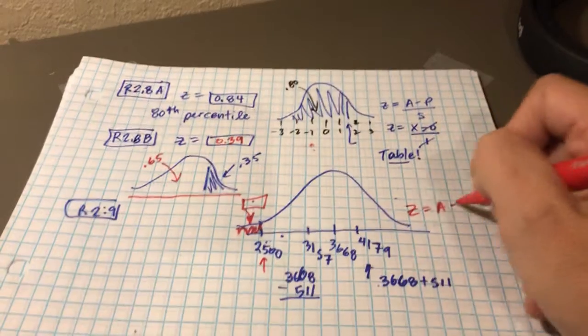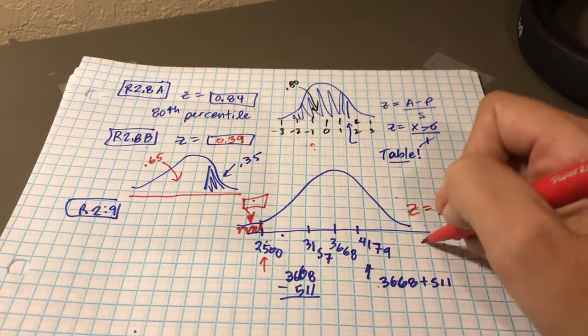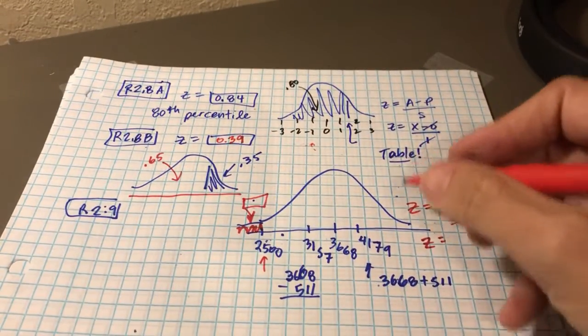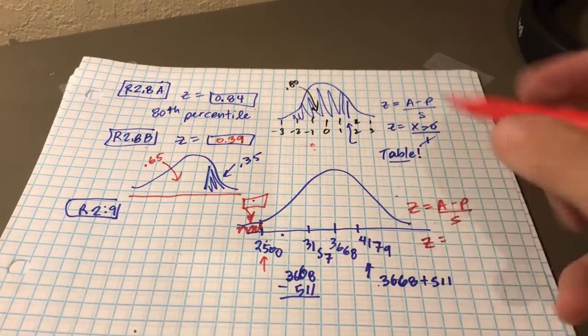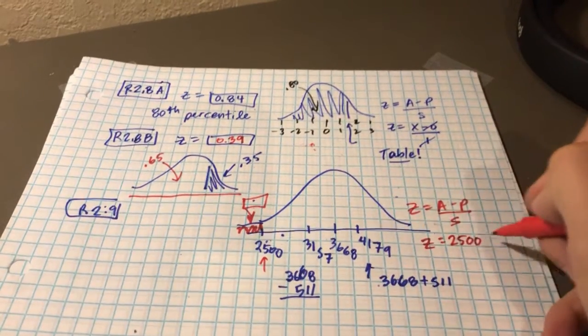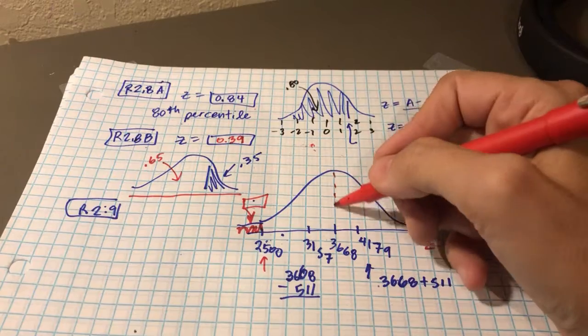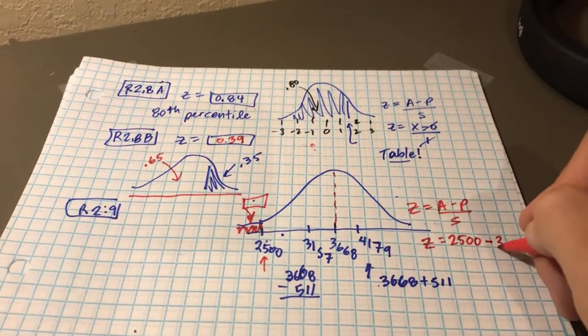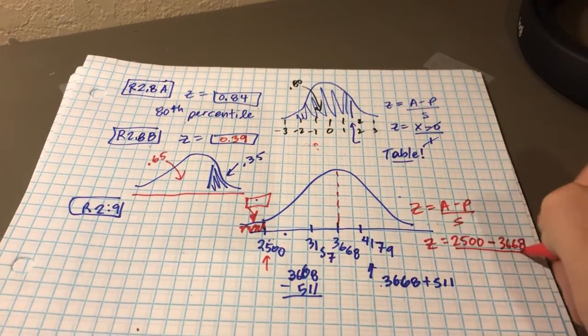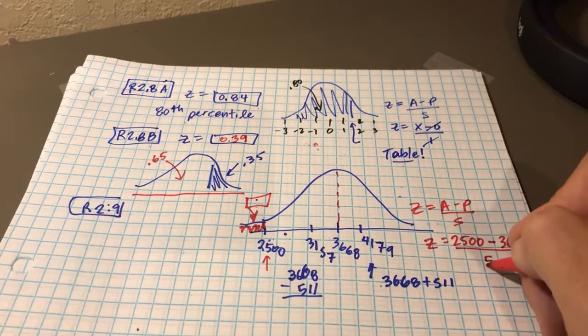So AP statistics, we can find the Z if we know the actual amount. Well, we know the actual amount of a low weight baby is 2,500, and we would predict a baby to be around 3,668. And we know our standard deviation is 511.